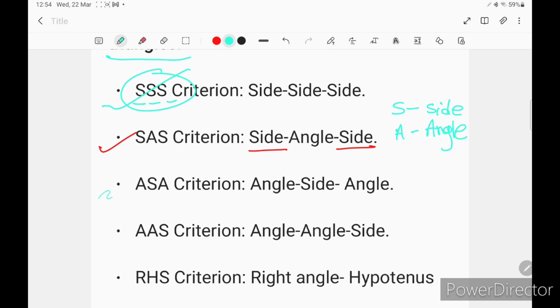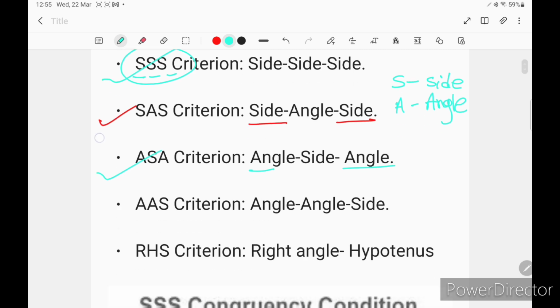Next is your ASA criteria. According to this, if two angles of one triangle are equal to two angles of another triangle and one side of both triangles is equal, then according to ASA criteria, the triangles are congruent.